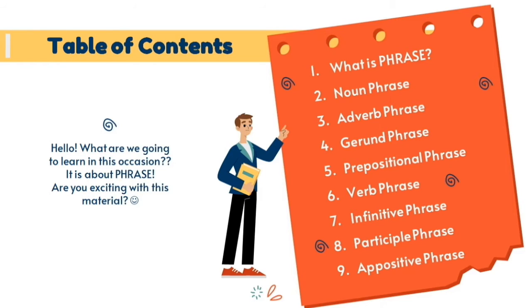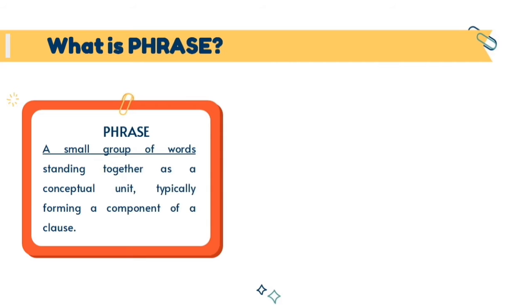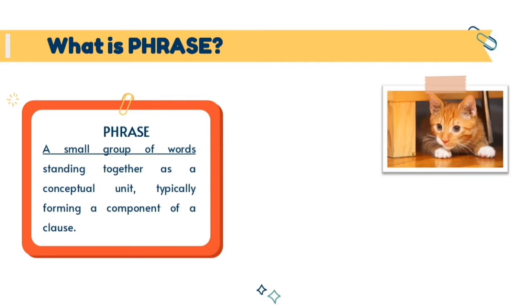What is a phrase? A phrase is defined as a small group of words standing together as a conceptual unit, typically forming a component of a clause. You can see in this example there are an article, "an", then "adorable" is an adjective, right?